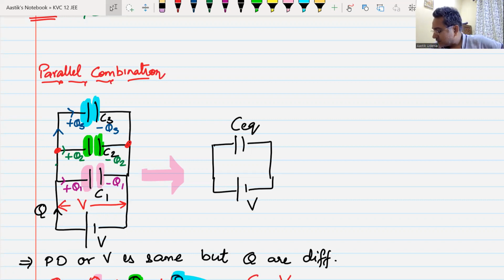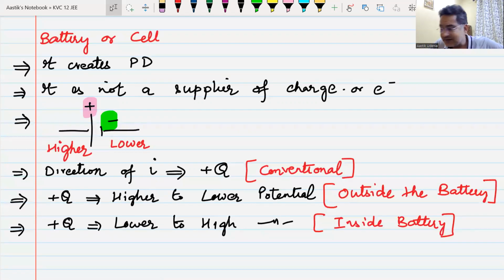I think we were discussing the concept of a battery or a cell, and we had seen what a battery or a cell does. The primary function of a battery or a cell is not supplying anything, it is just creating potential difference between 2 points in a circuit, and because of this potential difference only the charges are going to flow.